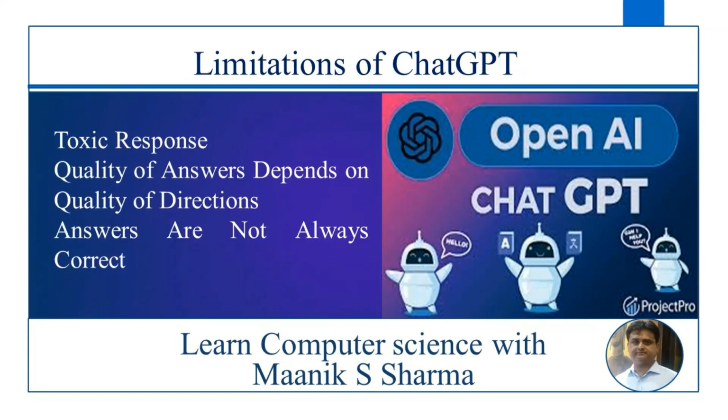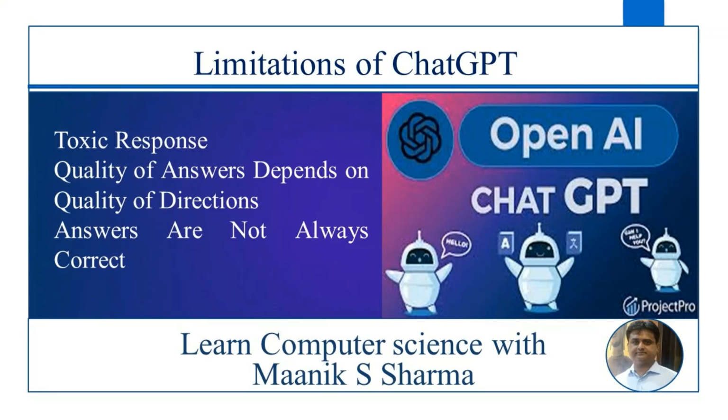Now, let's understand the weaknesses of ChatGPT. This system is specifically programmed not to provide toxic or harmful responses, so it will avoid answering those kinds of questions. An important limitation of ChatGPT is that the quality of the output depends on the quality of the input. That is, garbage in, garbage out.